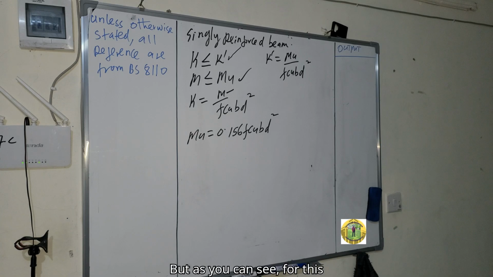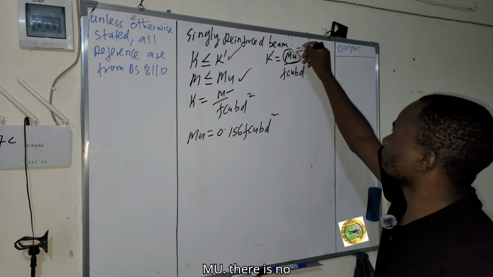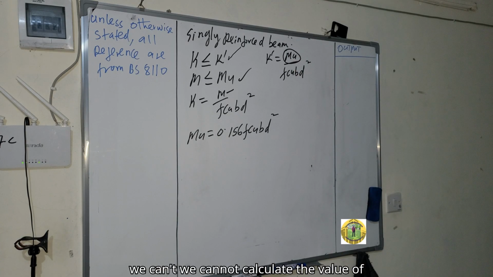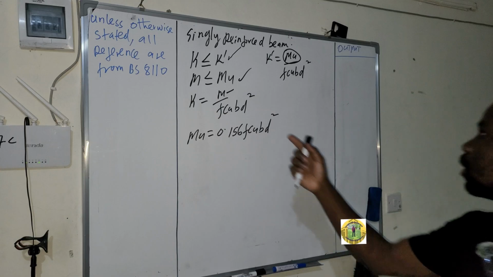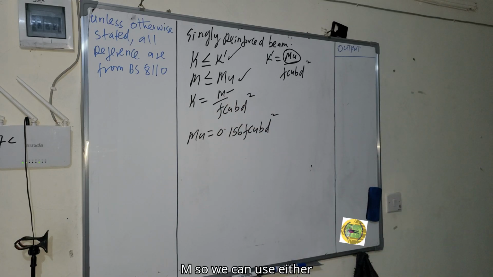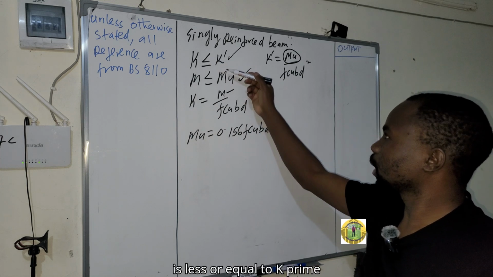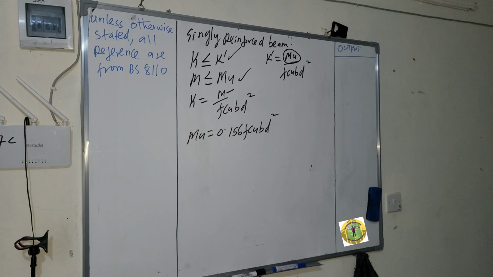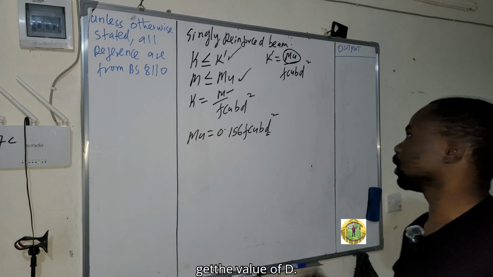But as you can see, for this case, we cannot calculate the value of Mu simply because we don't have D, but we have M. So we can use either of these two: K is less or equal to K prime, or M is less or equal to Mu. We can use either of the two to help us get the value of D.